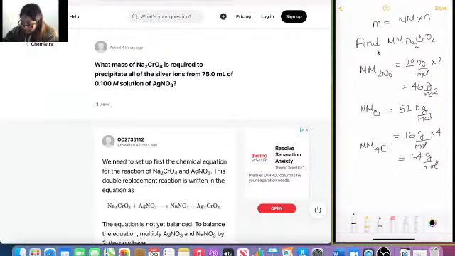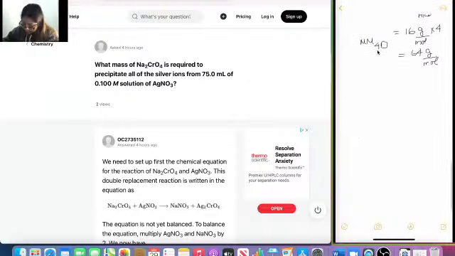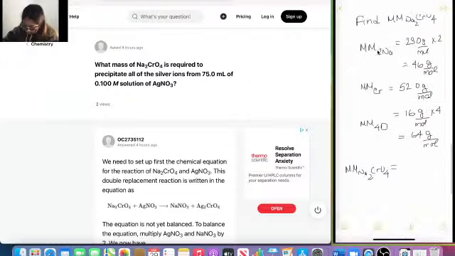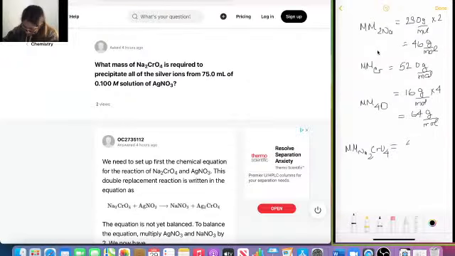Okay, and so the last step to find the molar mass would be to add all of the numbers together. So molar mass of Na2CrO4. You basically add all this together. You have 46, you have 52 grams per mole, you have 64.